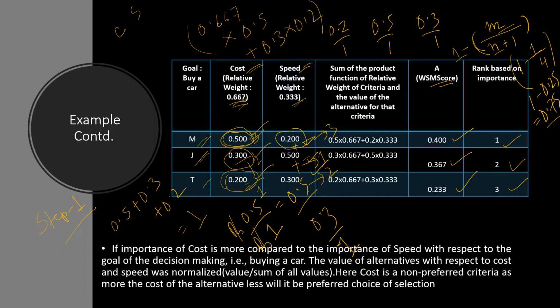So for the second best value, that is for Jaguar, you do the same thing. It is coming as 1 minus 2 by 4. So it is half, so it is coming 0.5.